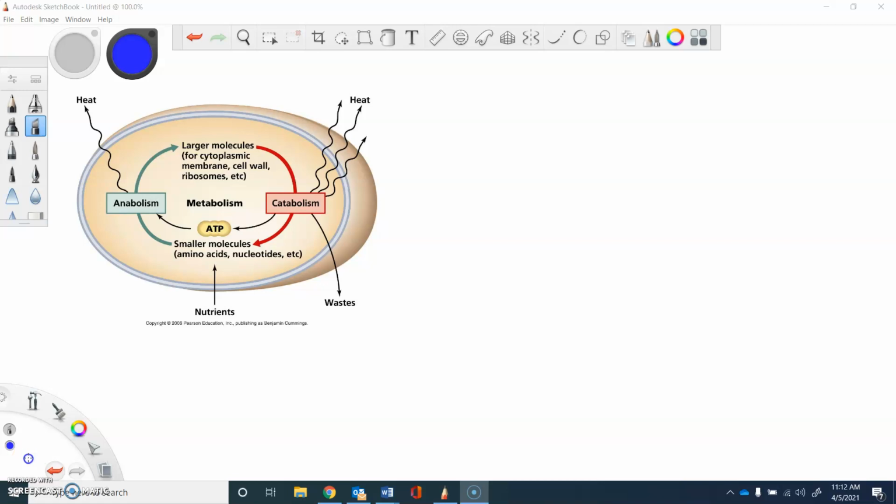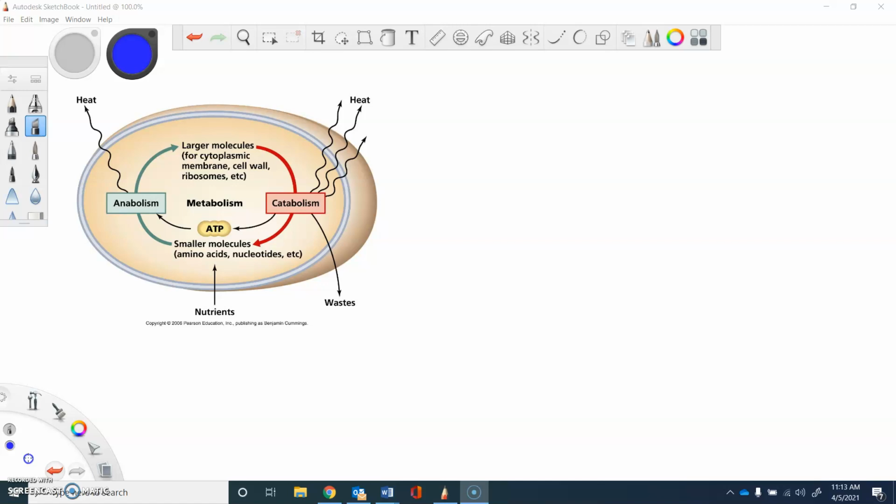Metabolism is the process that the body uses to take large molecules, things we ingest, food and stuff like that, and break it down through a process called catabolism. We break those foodstuffs down into really small molecules, and then we absorb them, and through anabolism use those molecules to make cells and to make energy and to do things.